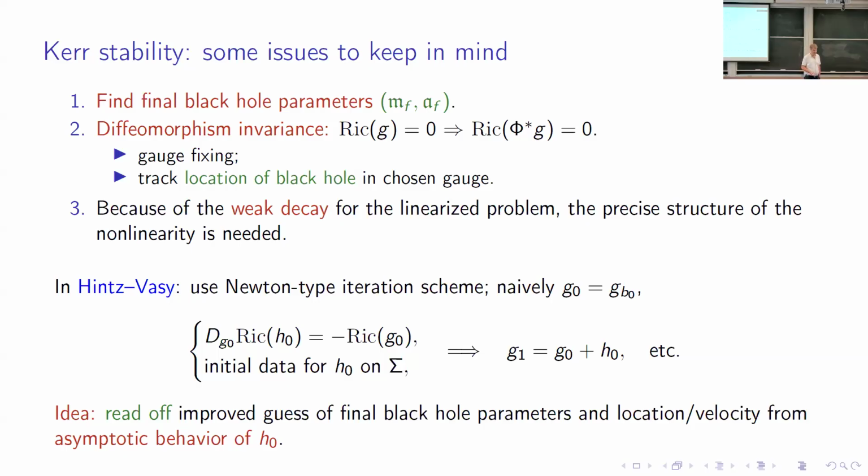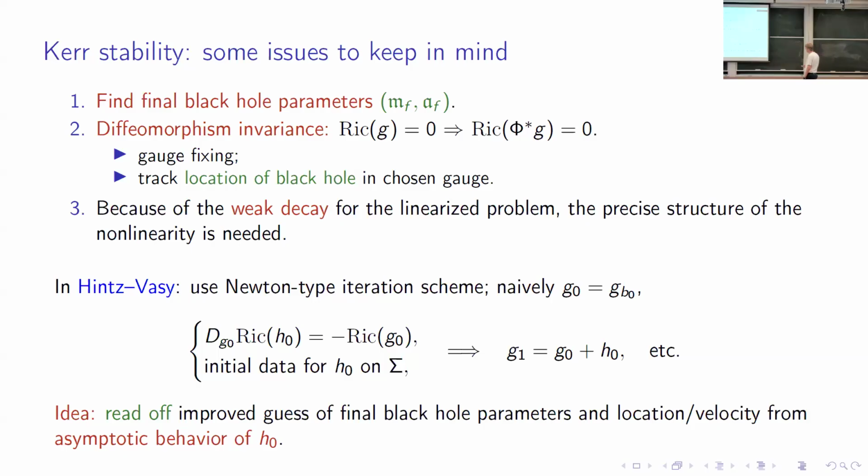So at some point, you have to fix a gauge. And once your gauge is chosen, you have to be able to localize your black hole in this fixed gauge. And of course, in contrast to the de Sitter case, we will have quite weak decay.